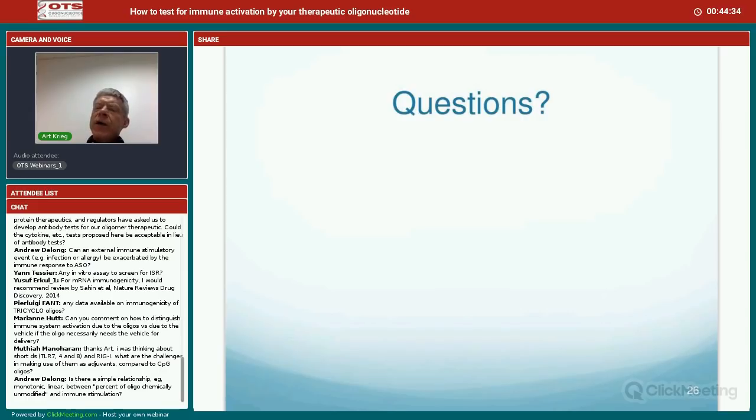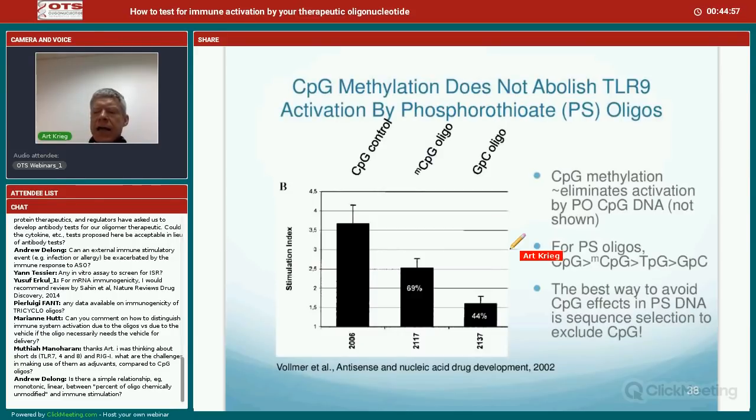The phosphorothioate causes enough non-specific protein binding that you can activate these TLR pathways without a CpG, or if the CpG is methylated. Methylated CpGs on a phosphorothioate backbone do not completely eliminate the TLR9 activation, and I have a slide on that right here.